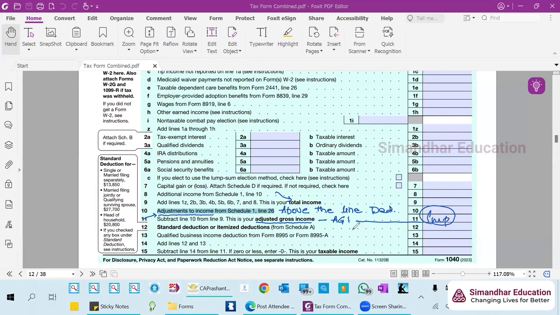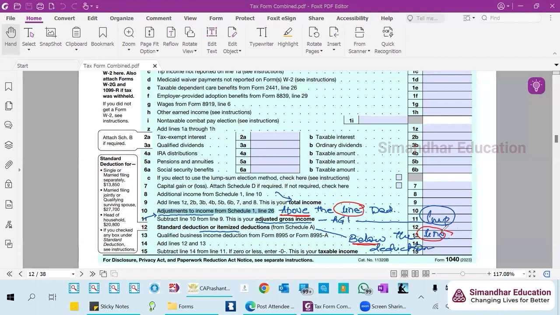Okay. Now, from that we'll have standard deduction or itemized deduction, and this is also called below the line deduction. So one is above the line deduction, the second one is below the line deduction. Now what is this line?